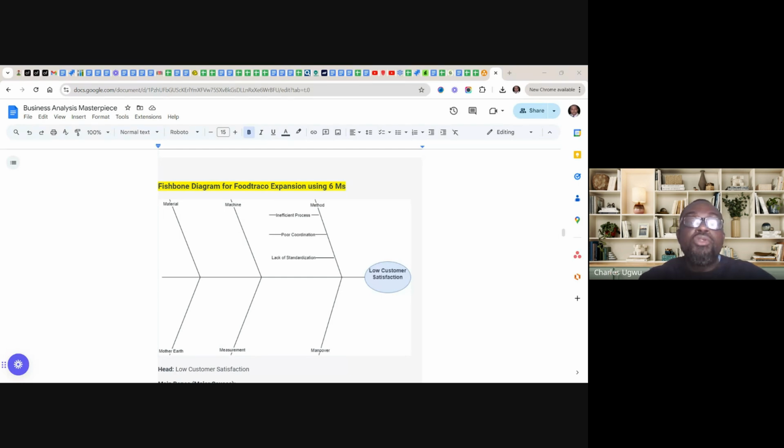By the time you go to the method you are using to do your work, it could be. Another one, it could be manpower. It could be that your workers are not happy. It could be they are not skilled enough. It could be one thing or the other. It could be the machine you are using is faulty or outdated. It could be the materials.